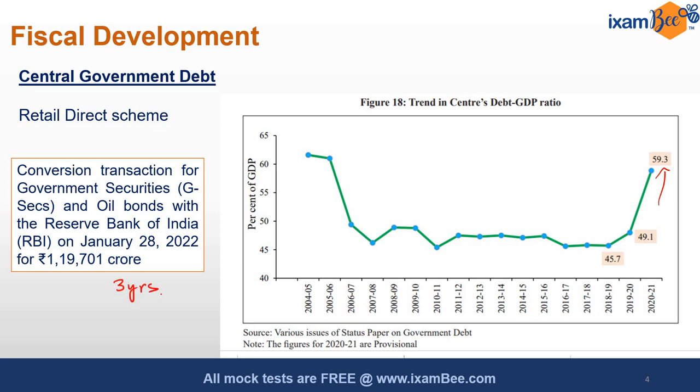In a first of its kind conversion transaction, the RBI is going to convert them into longer term G-Secs, right? So it will be a cash neutral transaction, but it saves the government from the cash outlay because of the maturity of these bonds and G-Secs that were due over the next 3 years. And the size of this is approximately 1.2 lakh crore, right?